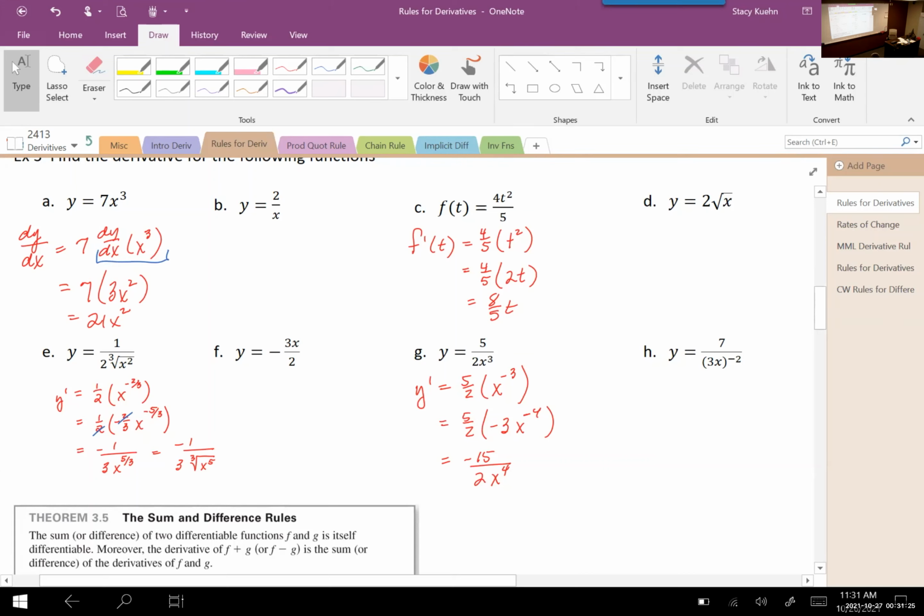Come back here. This is right. So this negative doesn't go here. That's like saying -1, and you didn't have a negative. When you bring it up, the exponent is -1. So now what do I do here?